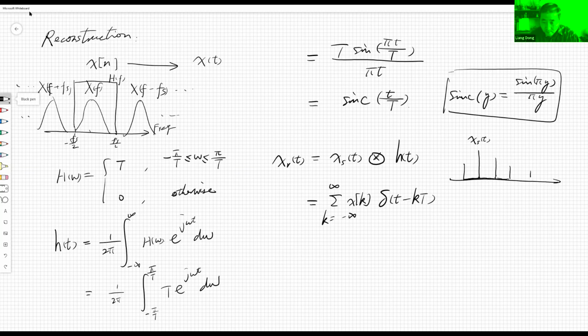This is then convolved with h(t), where h(t) is the sinc function I just calculated.